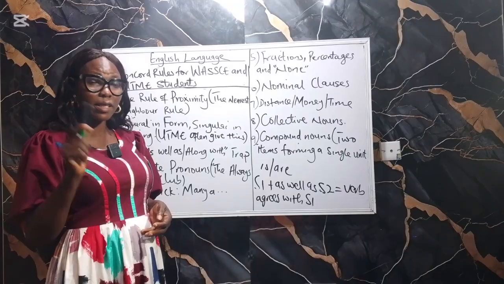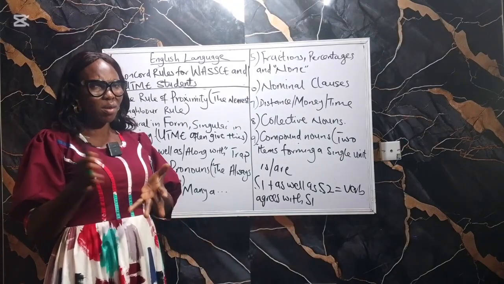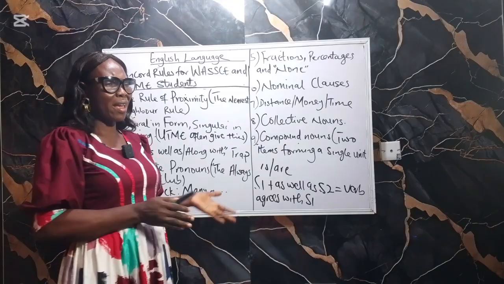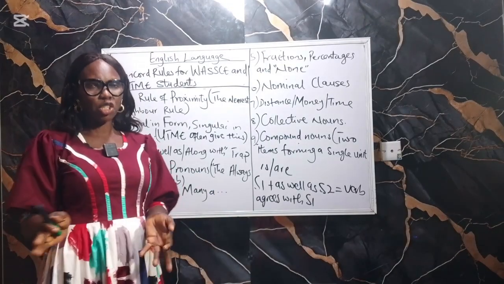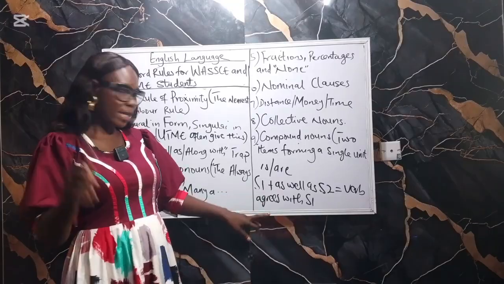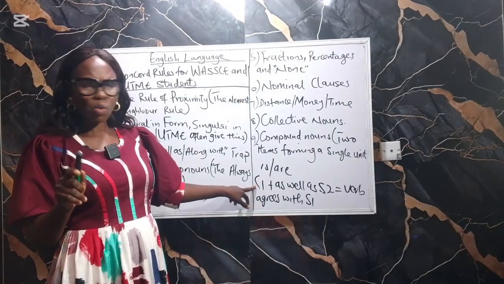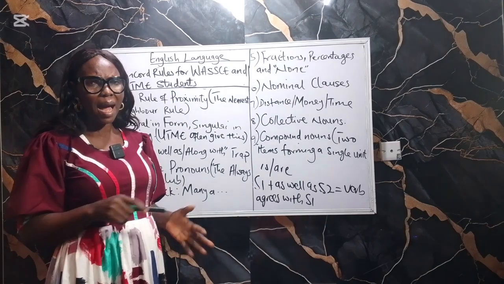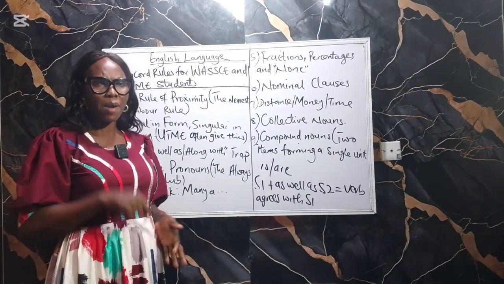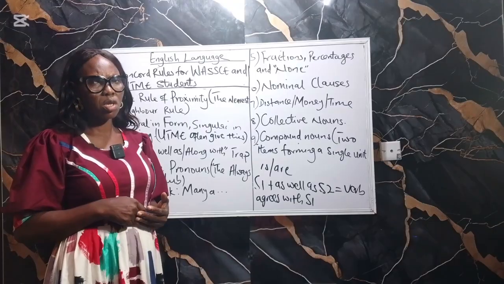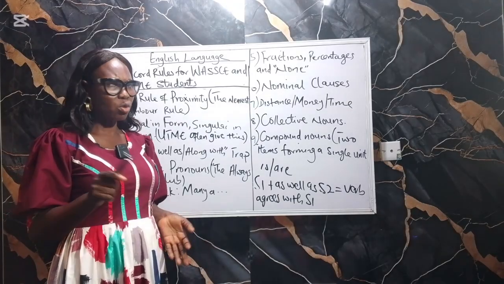The subject there is the Lekki headmaster. Every other one there is just extra information. The same thing applies when I say the principal along with his notorious students, or the principal together with his notorious students, or the principal in addition to his notorious students.